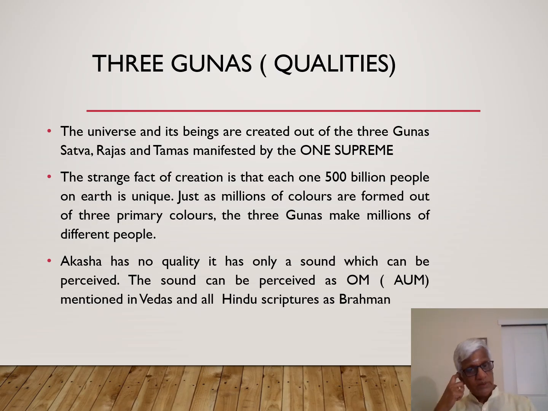You can see that the three gunas are either one of them is prevalent or they are balanced in many types of people. So the strange fact of this creation is that there are millions of people on this earth, but they are all found to be different. Their characters are found to be different. Why? It is something like mixing three primary colors and making millions of colors.